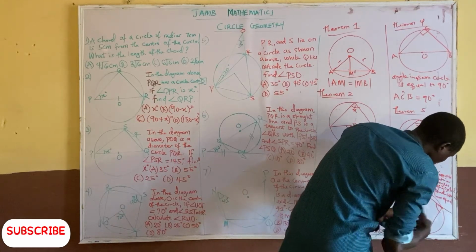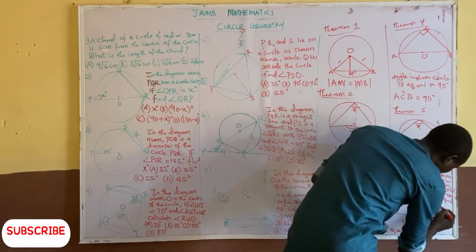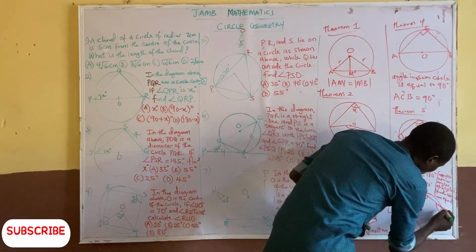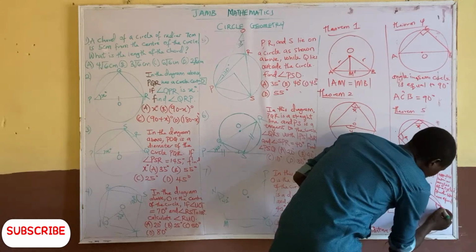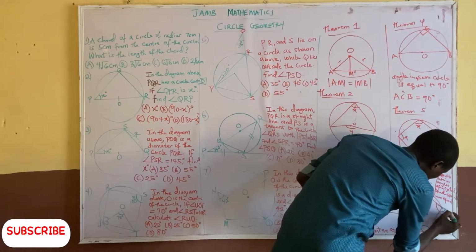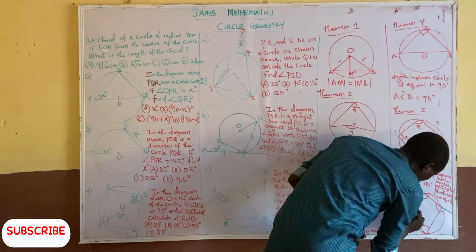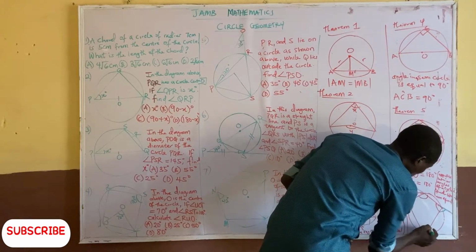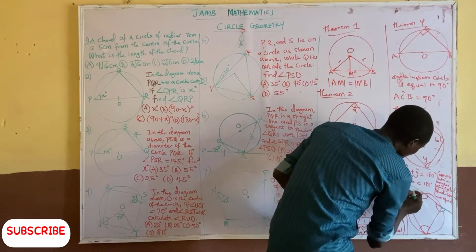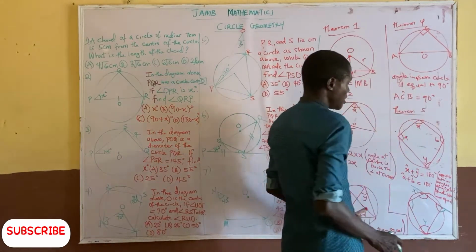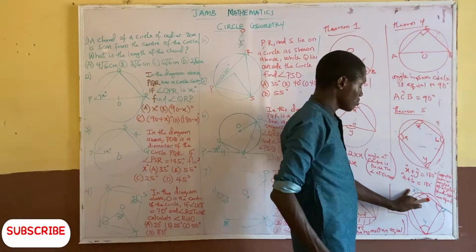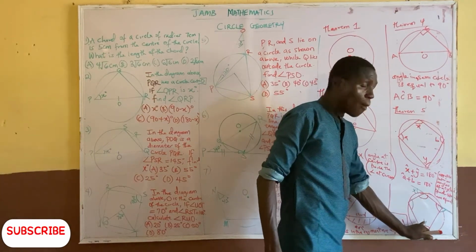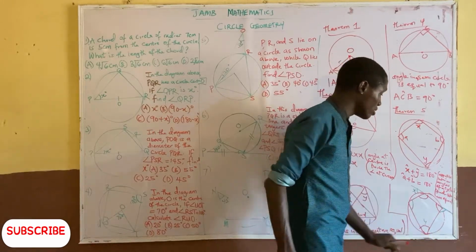This is the interior angle, and this is the exterior angle. The exterior angle of a cyclic quadrilateral is equal to the interior angle. Like the exterior here is equal to this. So if this is X, this also will be X. The exterior angle of a cyclic quadrilateral is equal to the opposite interior angle.